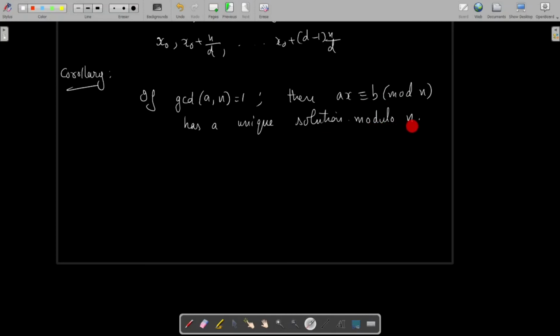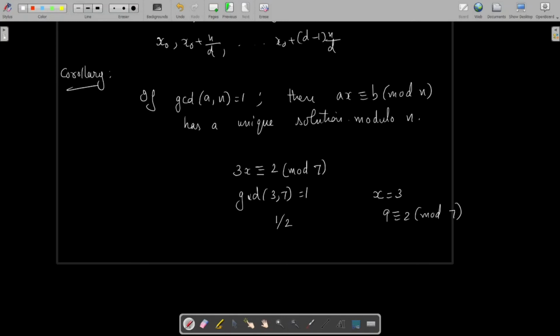solution modulo n. For example, if you consider the linear congruence 3x congruent to 2 mod 7, you may see that GCD of 3 and 7 equal to 1. And 1 divides 2. So this linear congruence has a solution, and since the GCD is 1 here, it has a unique solution. By trial and error, you may see that x equal to 3 is a solution, because 3 into x is 9 and 9 is congruent to 2 mod 7, because 9 minus 2 is a multiple of 7.